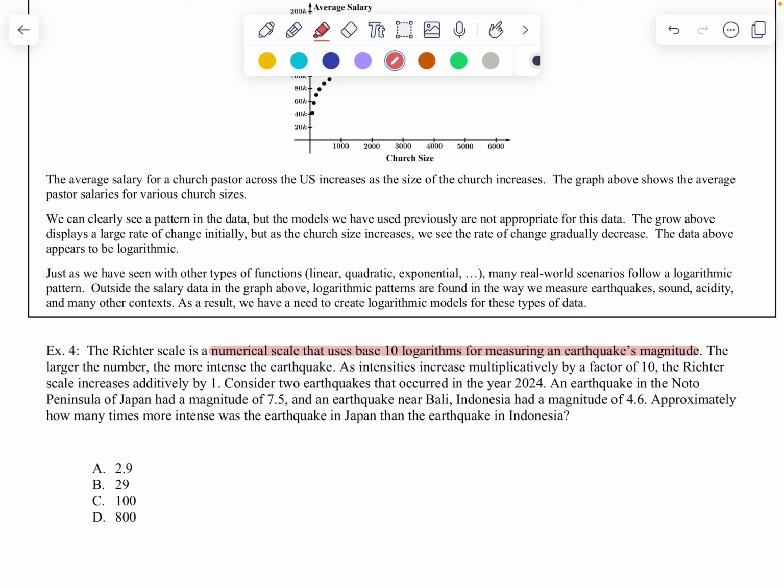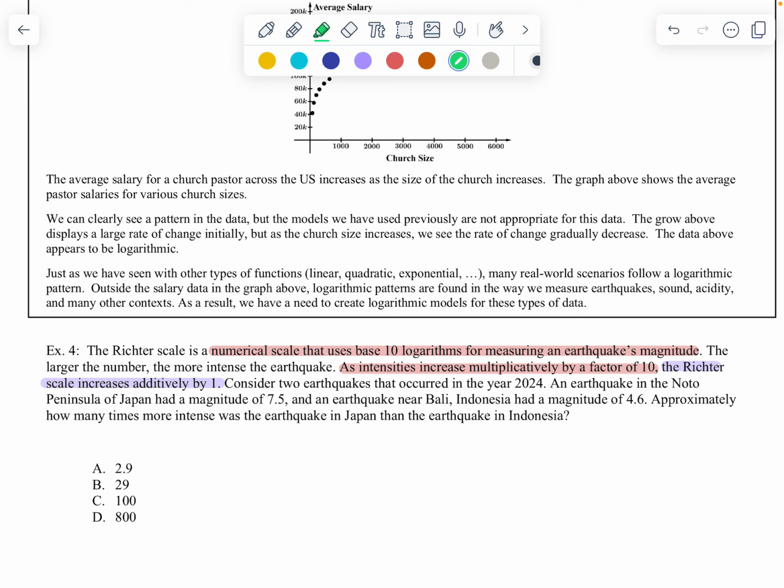As intensities increase multiplicatively by a factor of 10, the Richter scale increases additively by 1. So that shows a logarithmic pattern because our inputs are increasing multiplicatively, where our outputs are increasing additively.